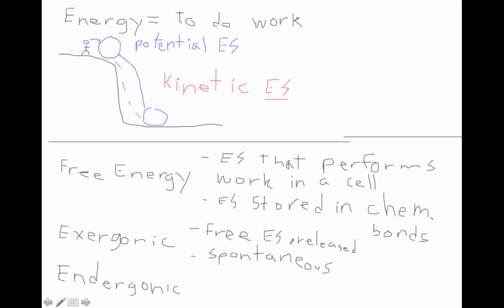Endergonic reactions are the opposite. They absorb energy. And because they use energy in order to occur, they are not spontaneous. They require energy for them to occur. So they are not spontaneous.